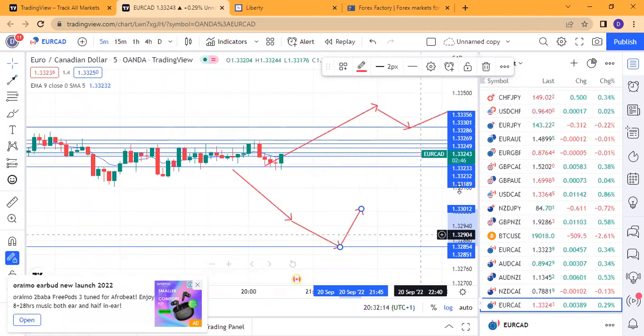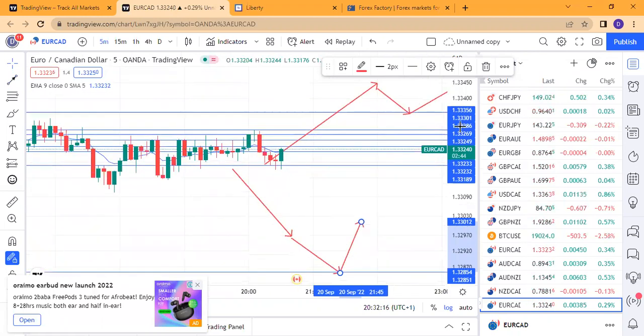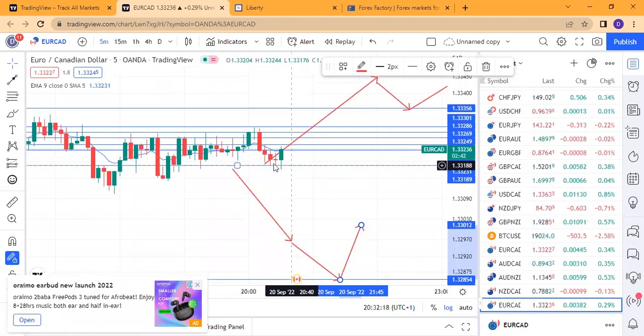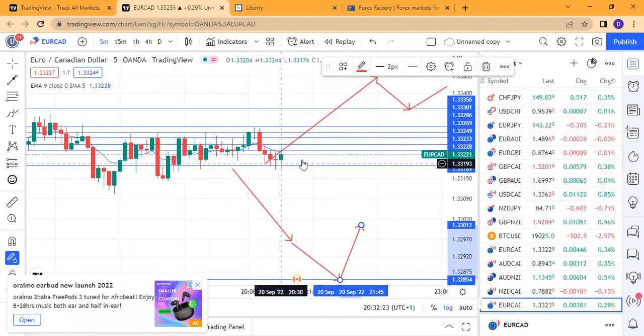Wow. Now, guys, look at this. Look, it's still reacting to this zone. It's just touched this zone and it's still going upward.